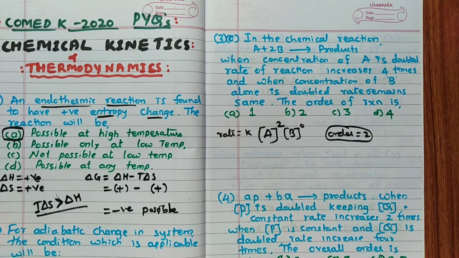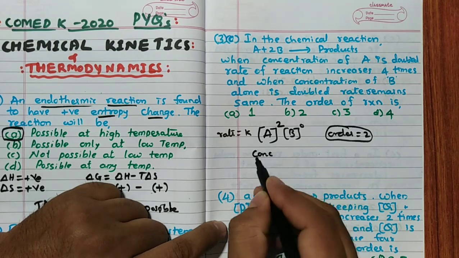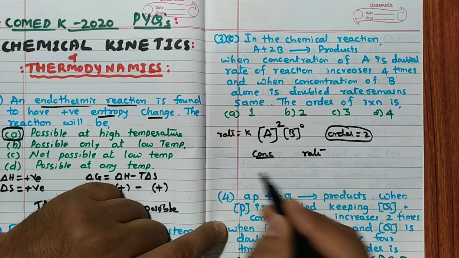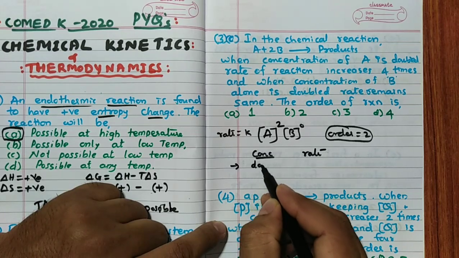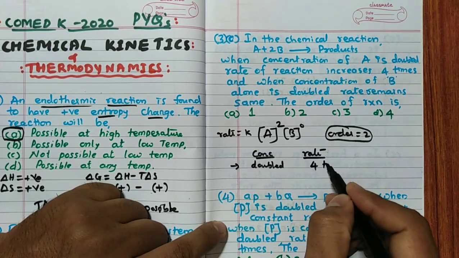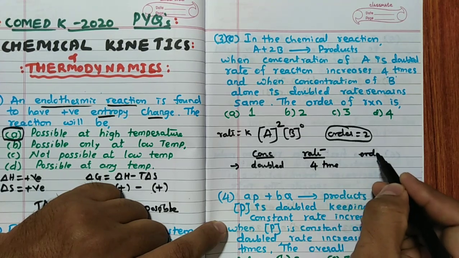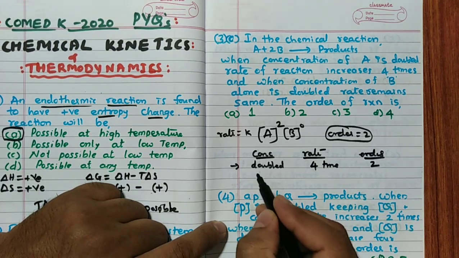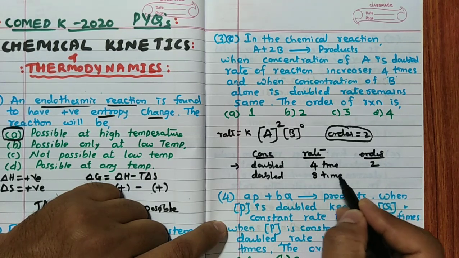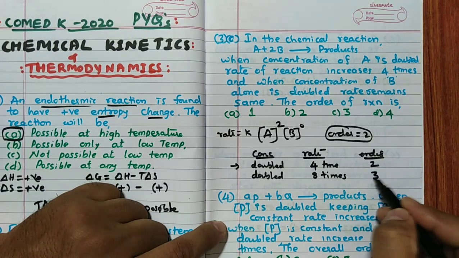So always remember: when concentration is doubled and rate increases 4 times, the order is 2. When concentration is doubled and rate increases 8 times, the order is 3.